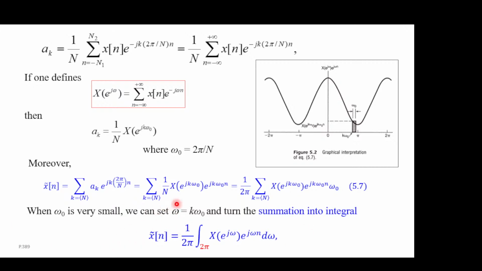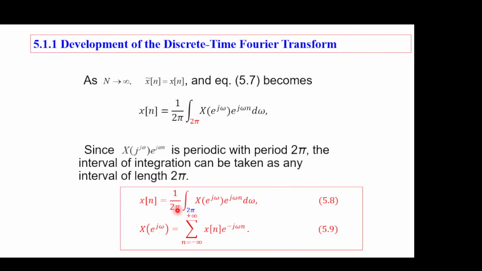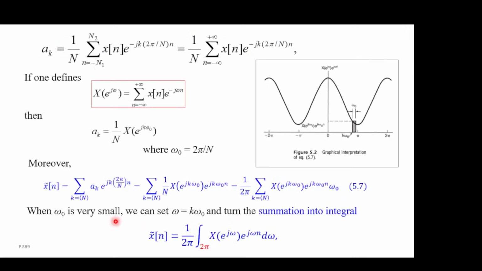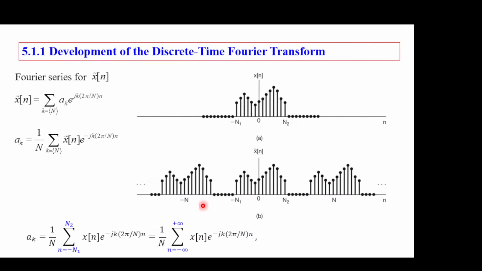So this is something different from the continuous time case, where the integration is from minus infinity to plus infinity. But now we are integrating over a 2 pi range, because this big X is periodic with period 2 pi, so we only integrate in a 2 pi range, although we haven't proved that it's periodic. It's very easy, just like before. And that's x tilde. Remember, x tilde is this weird periodic function.